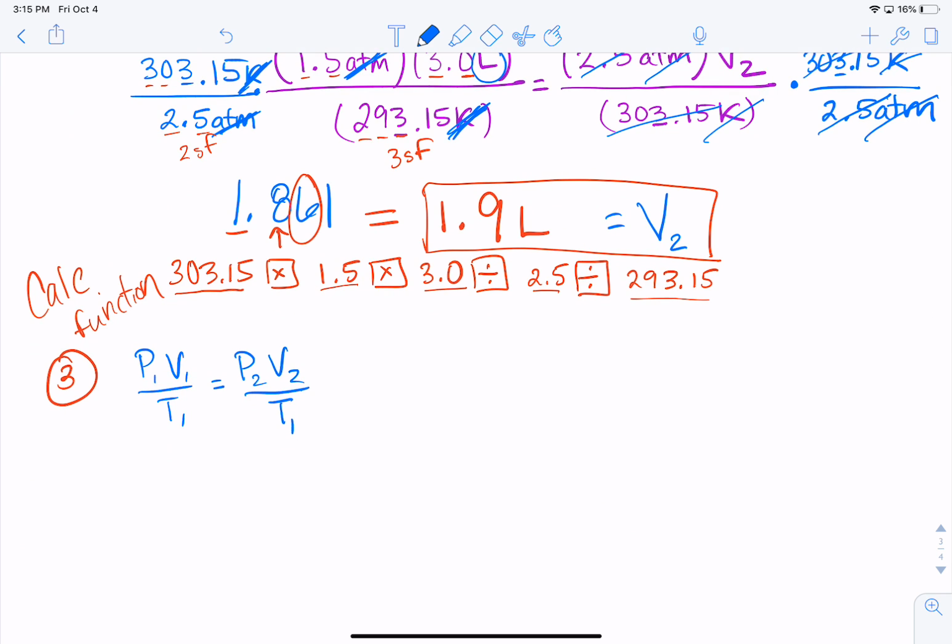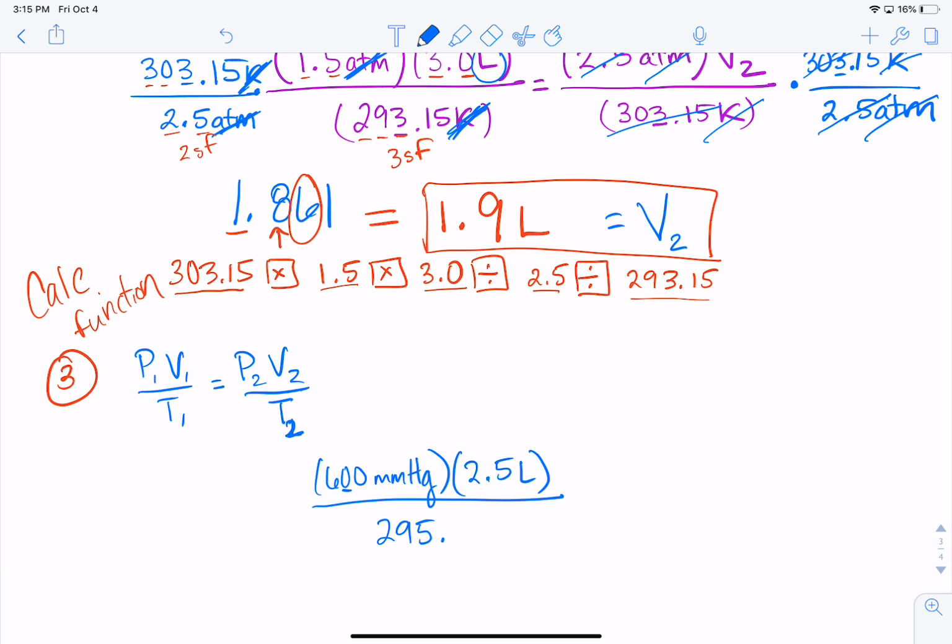All right, so pressure 1 is 600 millimeters mercury. Wait, shouldn't that be T2? Yep, good looking out. Volume 1 is 2.5 liters. Thanks, Brian. Good catch. Our temperature, is it 295.15?